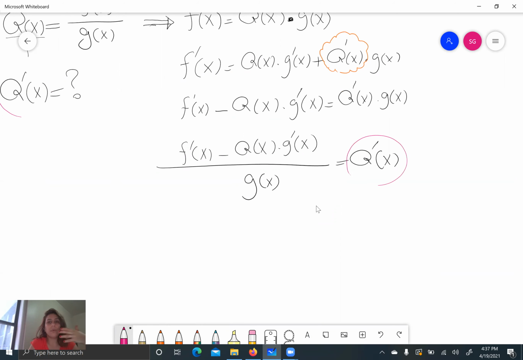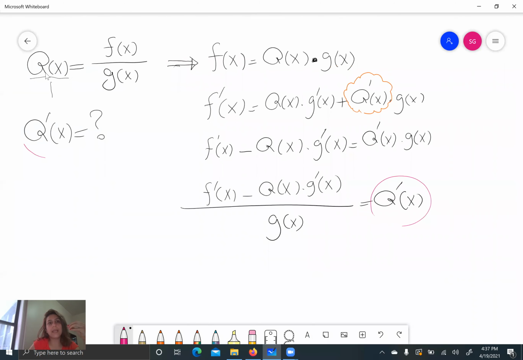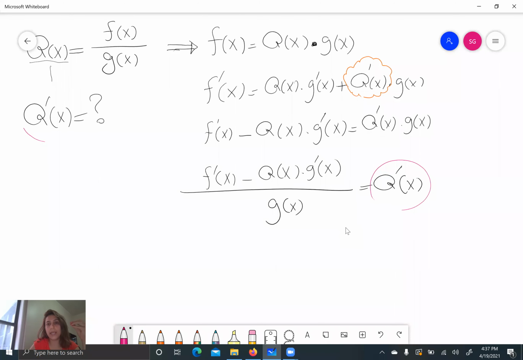So when we want to give a rule for any type of operation, because the original function is based on f and g, the rule must only contain f and g or anything related to f and g. So I know f, so I can calculate f prime. I know g, I can substitute g here. I can calculate g prime.